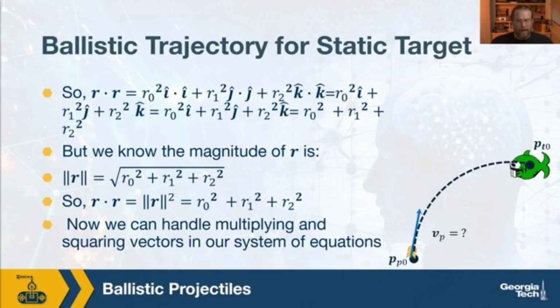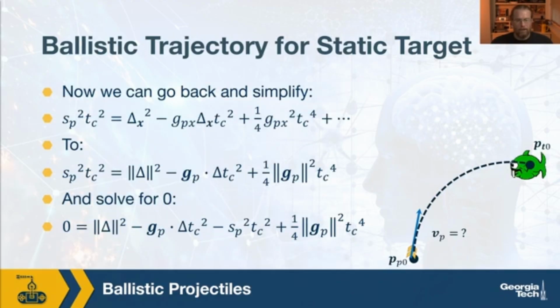So if we go back to that big mess of terms that we had before, where we had performed the substitution in our u vector for the three separate dimensions for the x, y, and z, I'm only showing the x, so it would be 3 times as long as what's shown here.